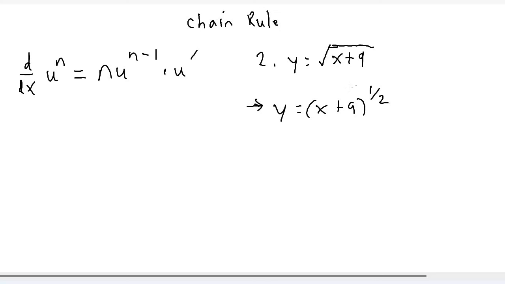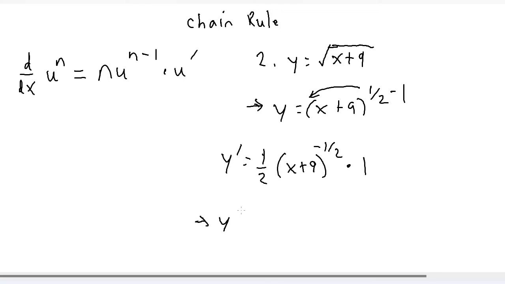Now we can use the chain rule, where we bring the power down and subtract the power by 1. So y prime is going to be 1/2 times x plus 9 to the 1/2 minus 1, which is negative 1/2, multiplied by the derivative of the inside function. The inside function is x plus 9, and the derivative of x plus 9 is just 1.